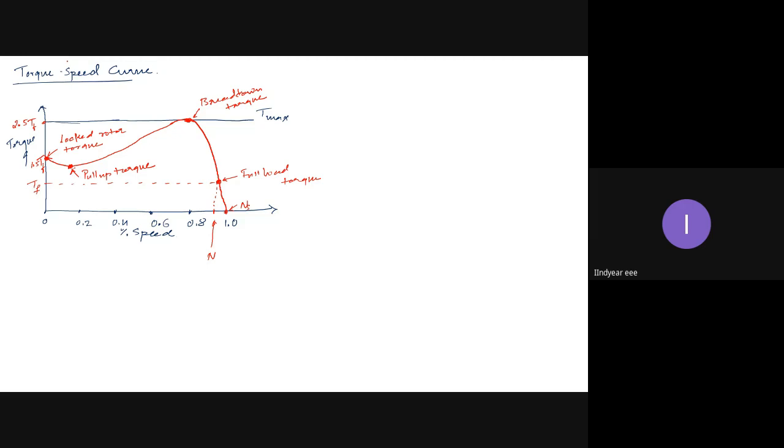So therefore, when the speed of the motor falls below a certain value, they will take out the motor supply, the motor will be disconnected from the supply terminals, and the motor stops operating.